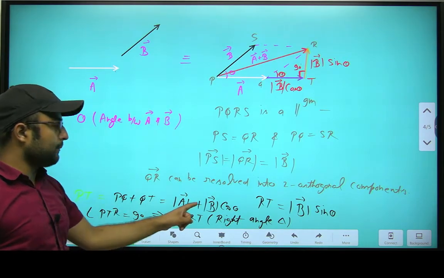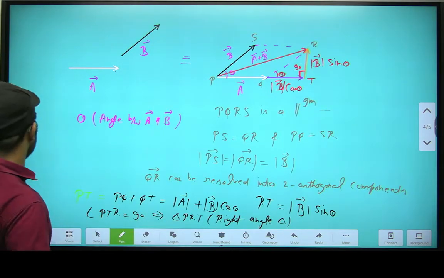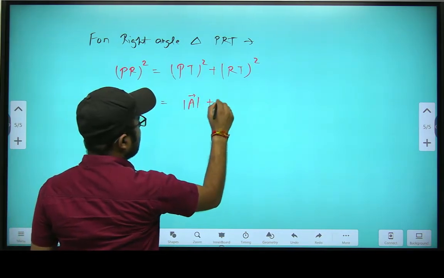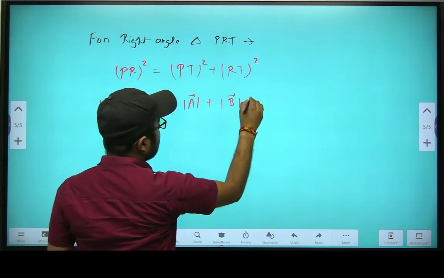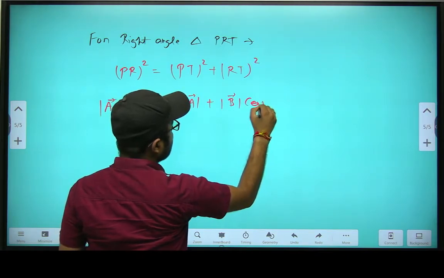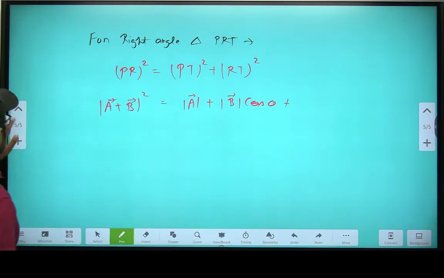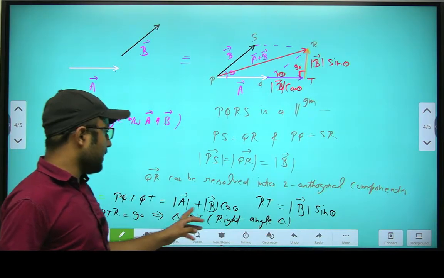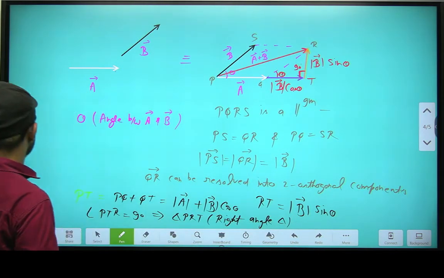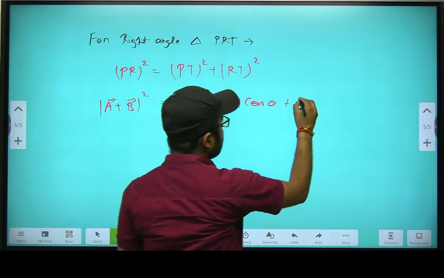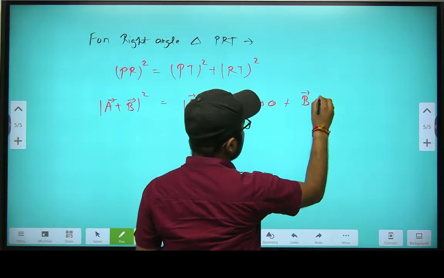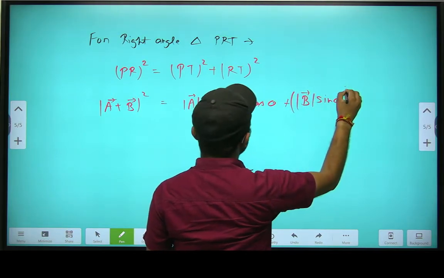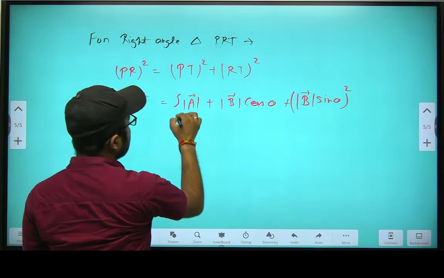We have found that as mod A plus mod B cos theta. And what is RT? We have found RT as mod B sin theta, whole square, and PT whole square.